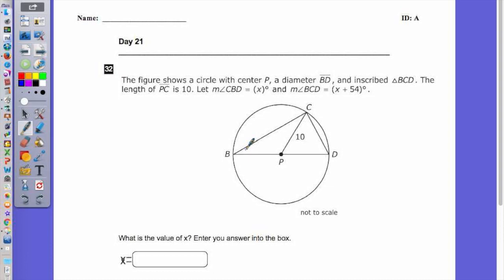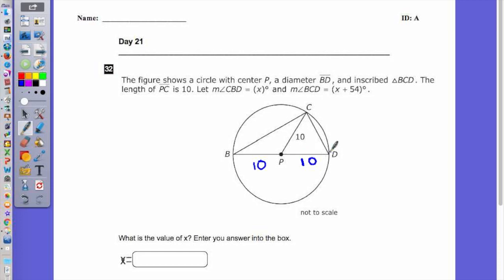How about we actually do some math? Alright, let's do math. The figure shows a circle. We said the length of P to C is 10. That means the length of B to P is 10 also, correct? Yes, because that's a radius, and that's a radius.